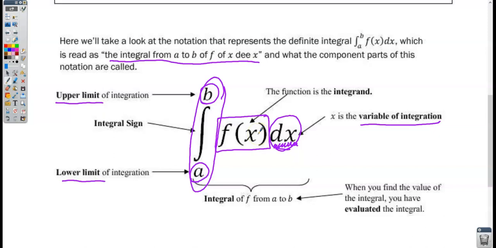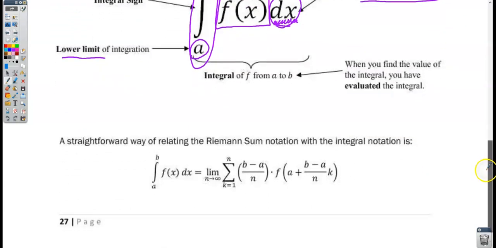All right, now at the very bottom of this page is the template that we used in the last lesson, where this integral was equal to the limit as n goes to infinity of the sum from k equals 1 to n. This right here was the width of the rectangle. And then we found the function value starting at the left endpoint, adding the width of the rectangle times k, and substituting that into the function to generate each successive area in the formula.